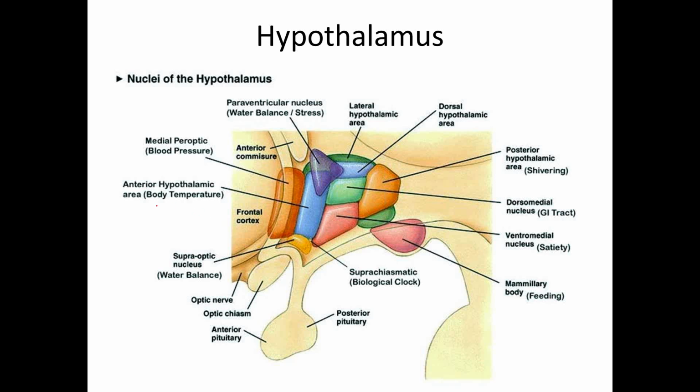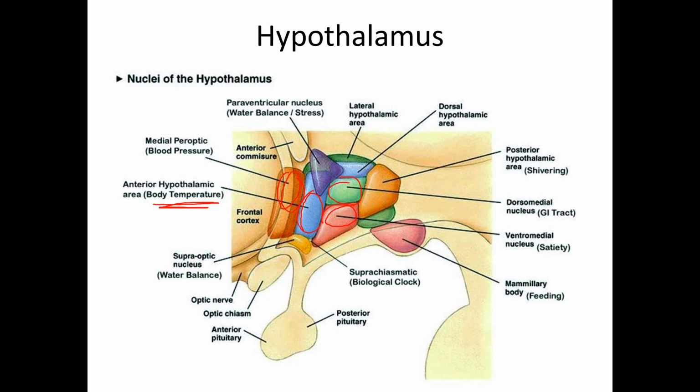So for instance, body temperature regulation here, known to be in this part. Okay? Things like blood pressure in this part. Things like hunger and satiety, that is feeling full, in this part. And other sensations from the gastrointestinal tract in this part.